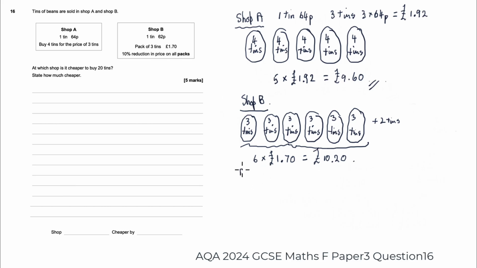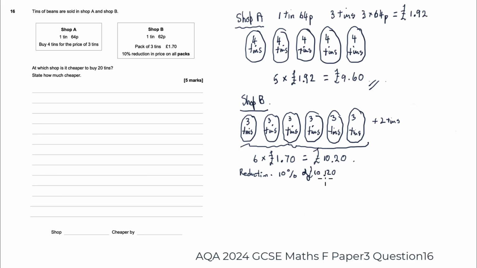So the reduction is 10%, that's a tenth of £10.20. Now remember, if you divide something by 10, in this case the point would move one place to the left, or all the digits move one to the right.